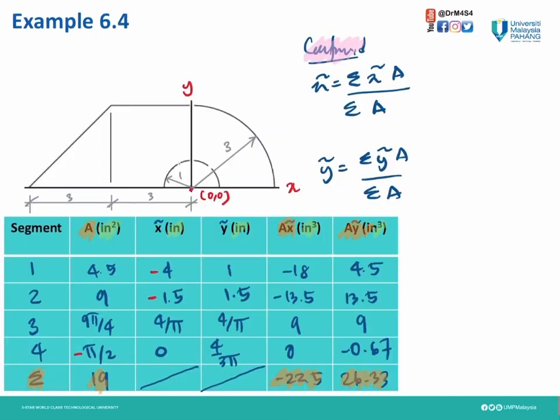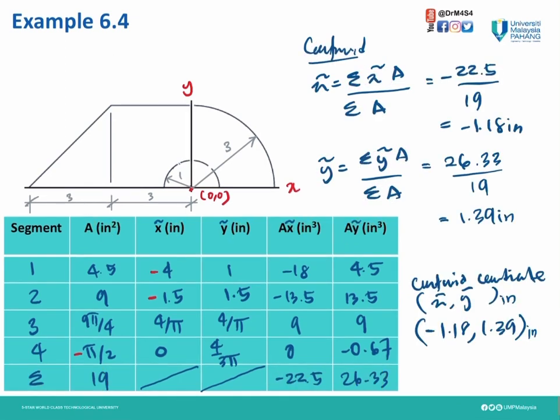Then we have the x bar and y bar formulas respectively. So we need the value of the summation of A x bar divided by the summation of A. Also for y, the summation of A y bar divided by the summation of A. So we have this data in the table already.